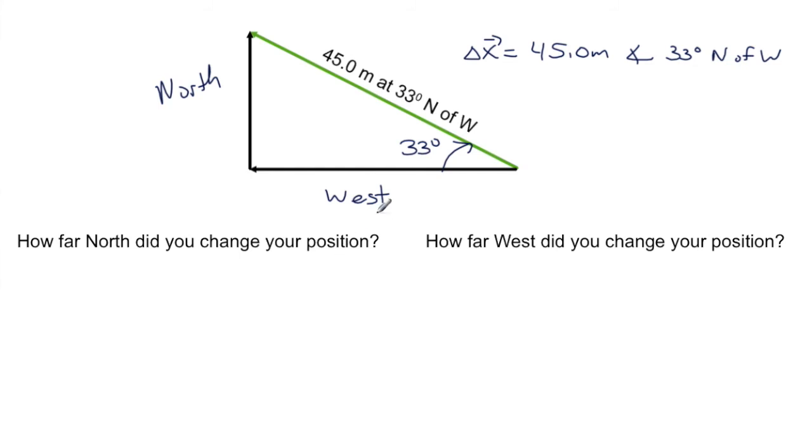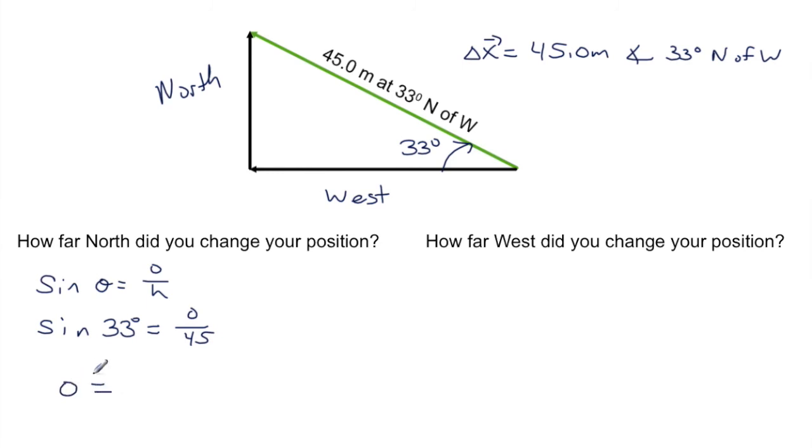And I could use right triangle trig for this. Remember that sine theta is opposite over hypotenuse. The opposite side is the north side. So I could say that the sine of 33 degrees is equal to this opposite side divided by 45 meters.